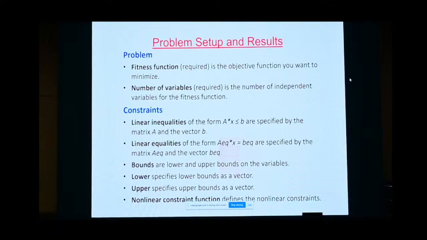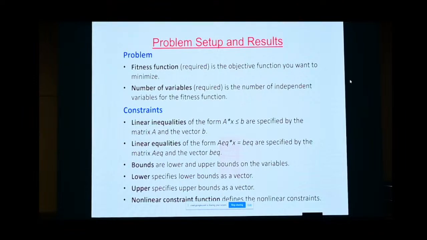For all the search variables there will be a bound, and within that range only you have to search. So lower and upper bounds. And there may be some non-linear constraint functions also. We will take one or two examples, then it will be more clear.